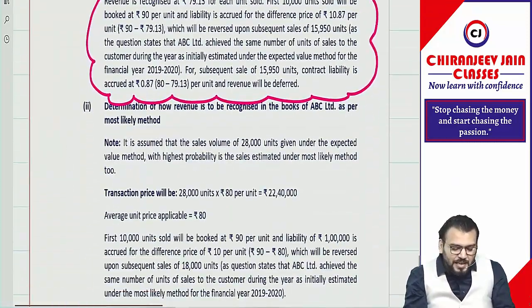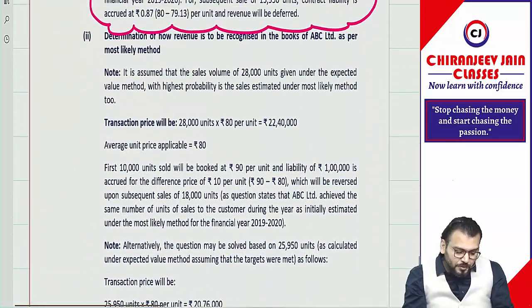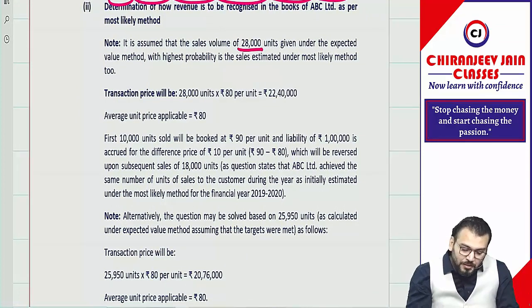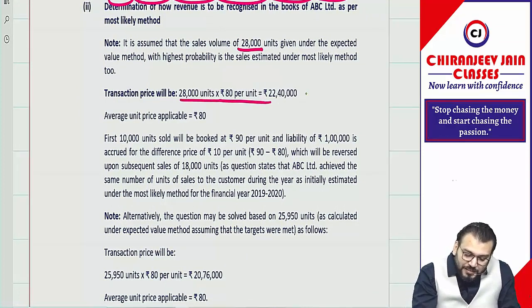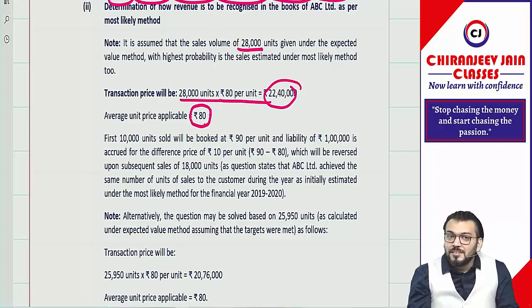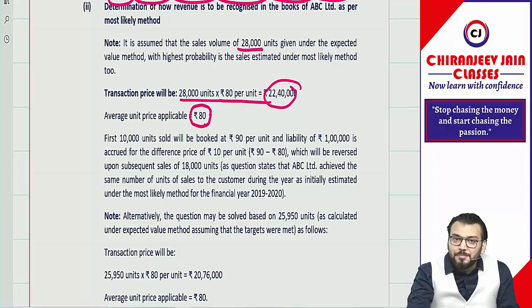Let's see what answer is given here. You can see 28,000, correct. Then once again 20,000 into 80, is this correct? Can I say in this, the average price by default will come to 80? By default it will come to 80, but I will say this is not the correct way.